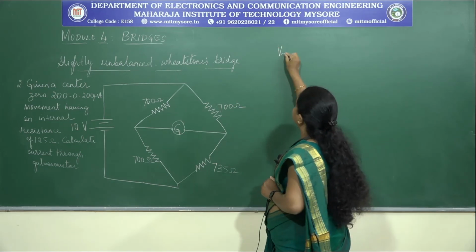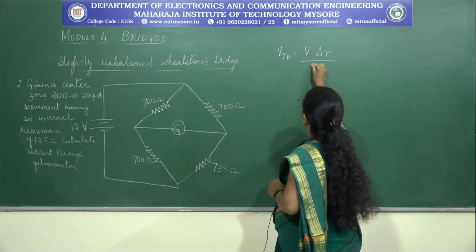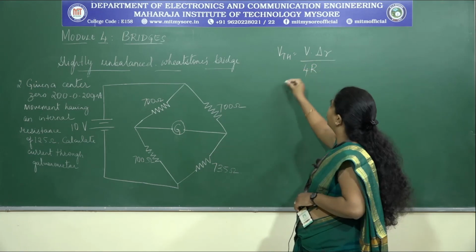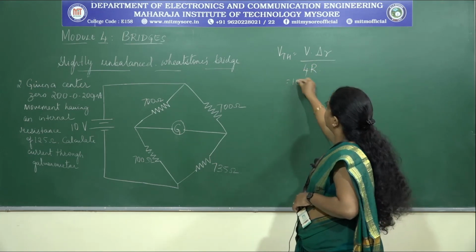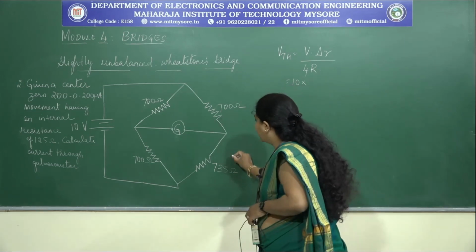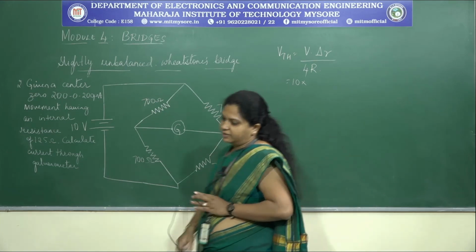So, can we write the Thevenin's equivalent now? Thevenin's equivalent is equal to V into delta R divided by 4R. So substitute the value 10 volt and delta R. See, you can see the change here, R plus delta R. Can you write 700 plus 35?